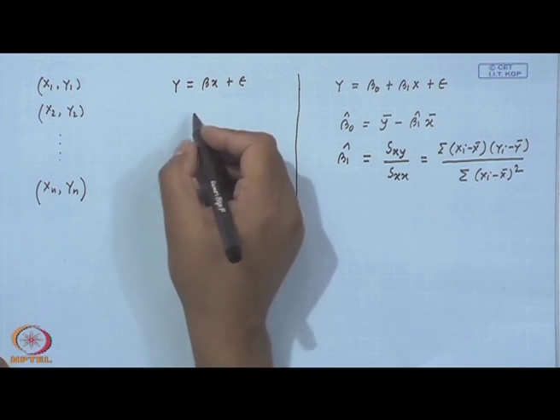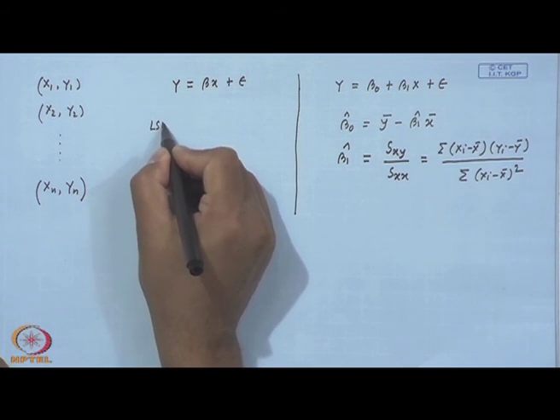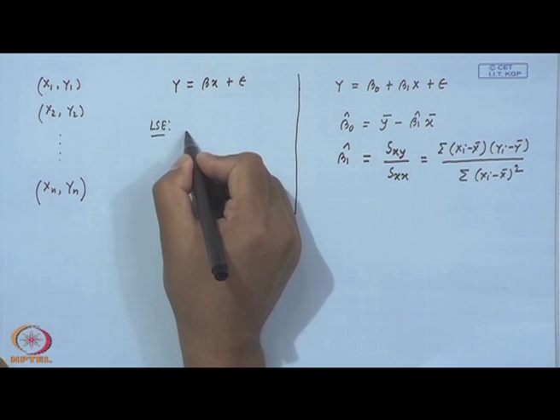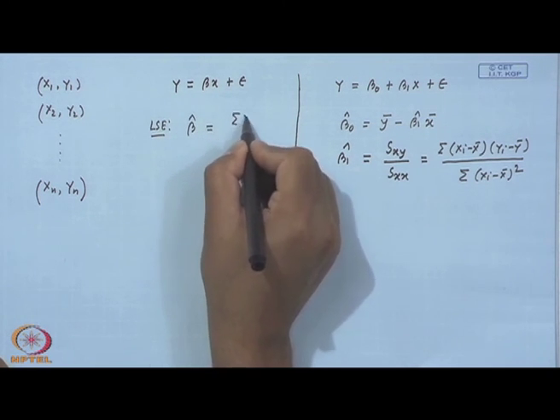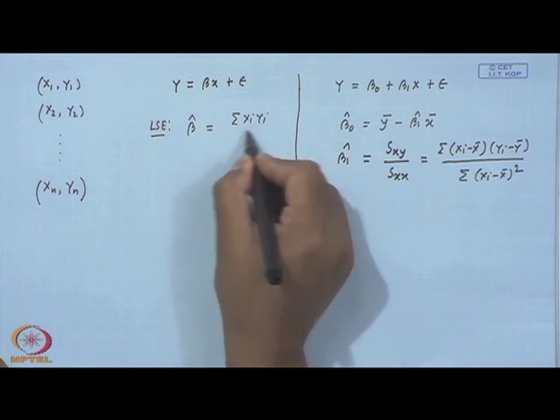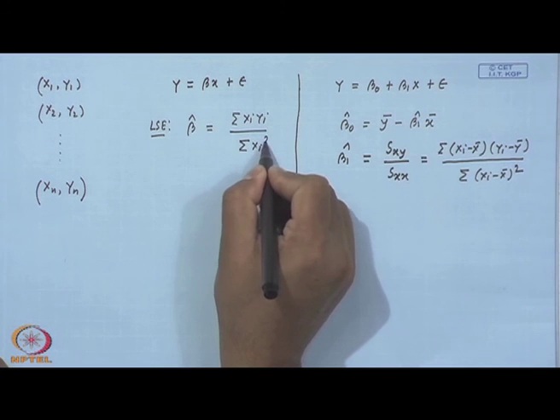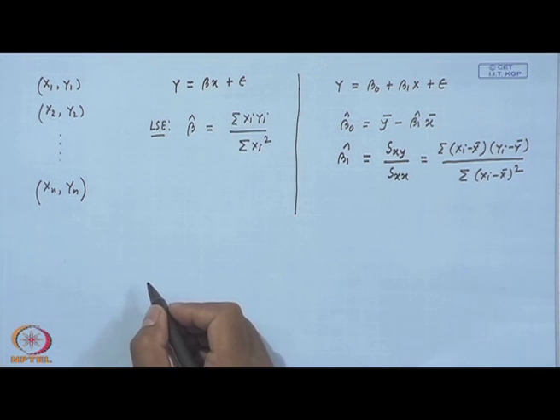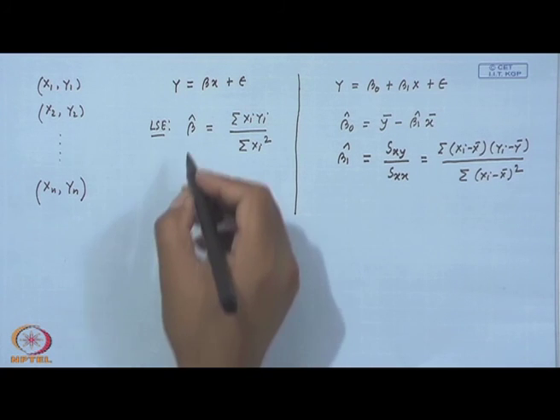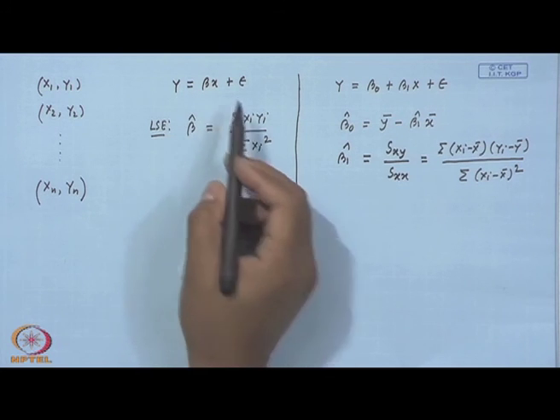And the question says that the least square estimate for beta here is equal to summation x I y I by summation x I square. First check this one: what is the least square estimate for beta in the non-intercept model.